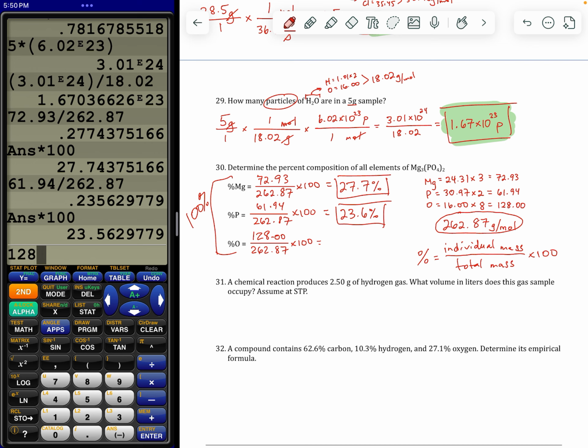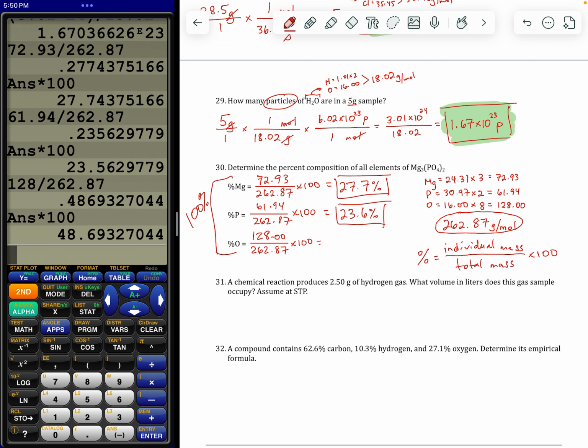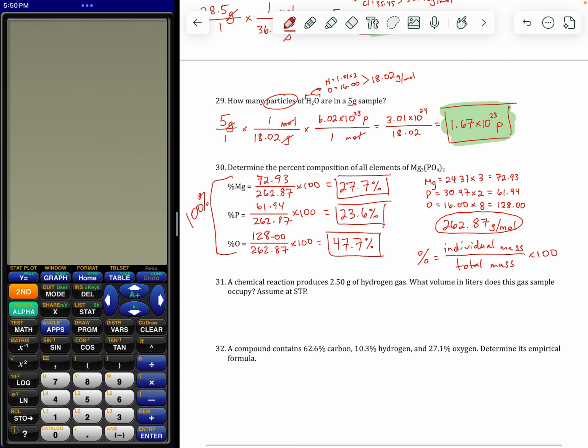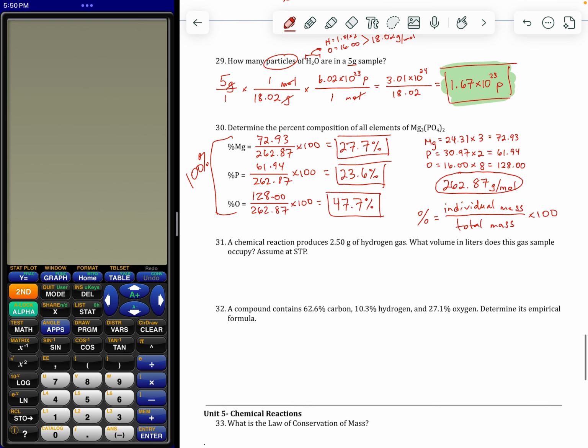And you can confirm that by yourself if you want, but times 100, we get about 47.7% here. All right, so ideally, if math works, it should be pretty darn close to 100, and holy cow, it is. So very nice. So that's how you do our percent composition.